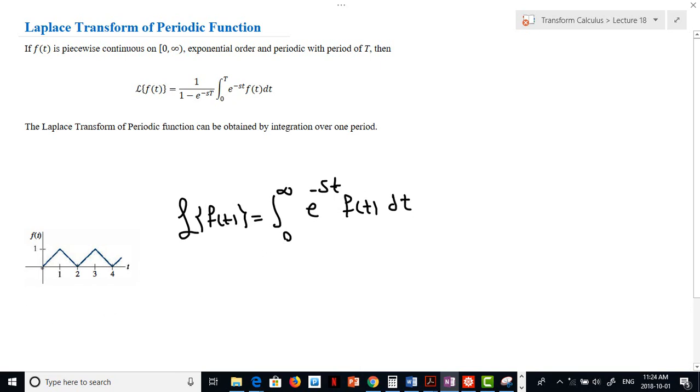But you can see that from 0 to 1, we have one equation of this line. From 1 to 2, we have another equation. 2 to 3, we have another equation. 3 to 4, another equation.